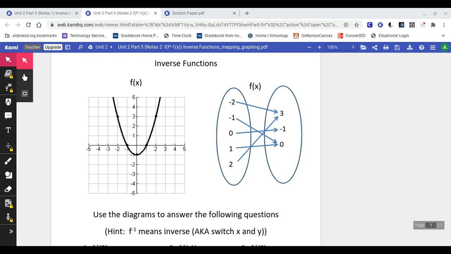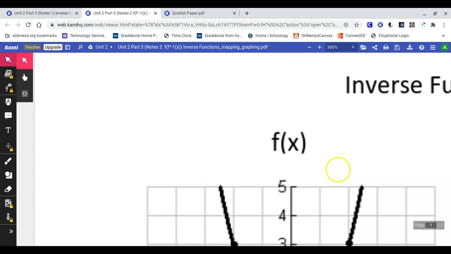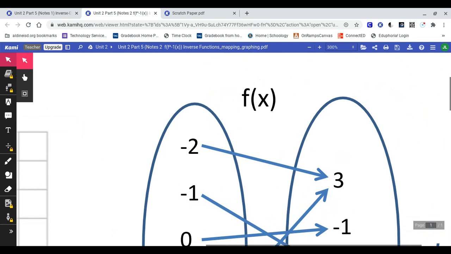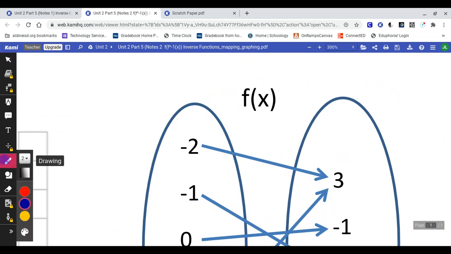All right, so let's look at how we're going to use this to solve some problems. So we said an inverse means that all we're doing is switching x and y. So when I am given something like this, what I'm probably going to do is label my x and my f of x as it's written.